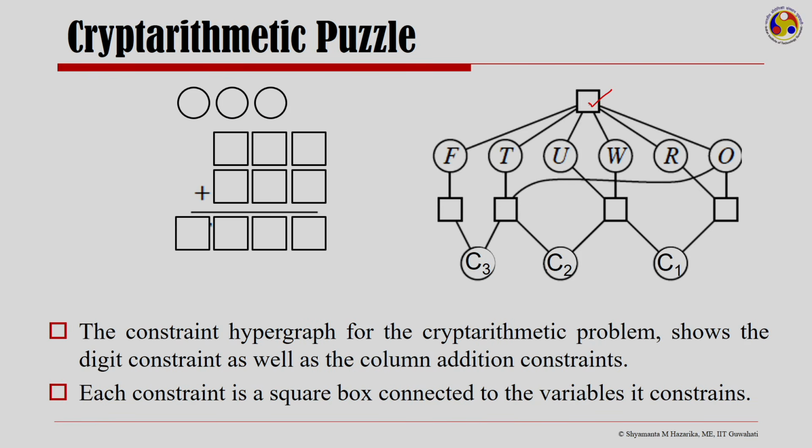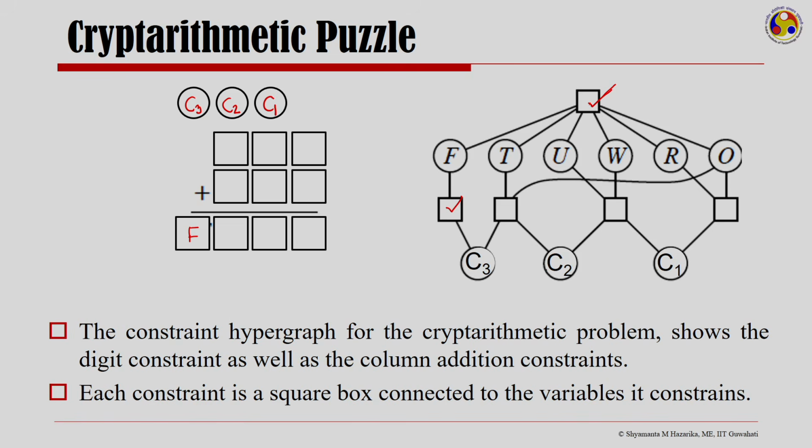The constraint hypergraph for this problem shows both the digit constraints as well as the column addition constraints. The constraint that all of them need to be different digits is coming from this square box. If this is the carryover C1, carryover C2 and carryover C3, and this was F, the constraint between F and C3 is coming here.